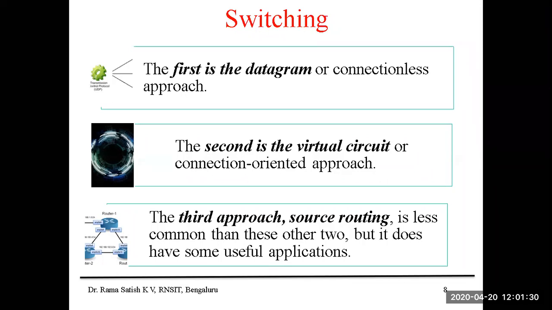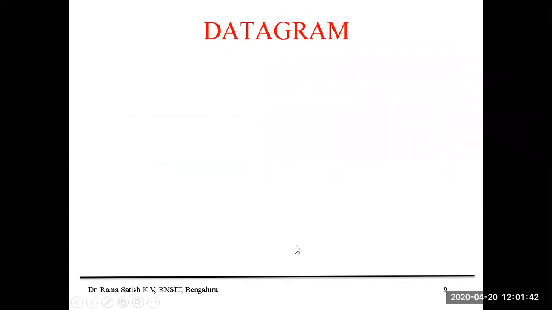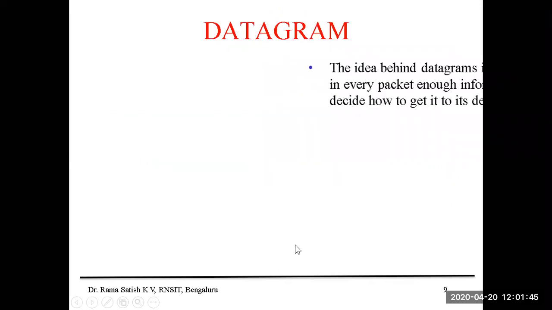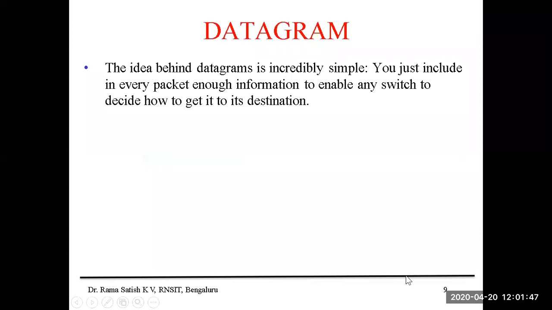When we take up switching, there are three types. The first type is datagram, the second one is virtual circuit, and the third one is source routing. First, datagram. What exactly is datagram? The idea behind datagram is incredibly simple. There is no connection established.